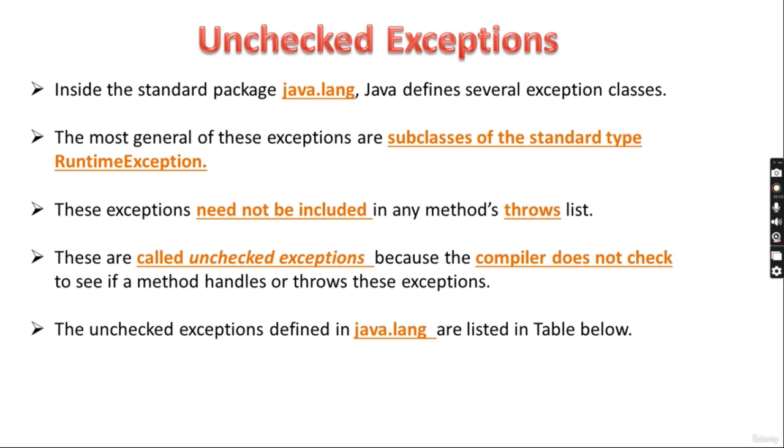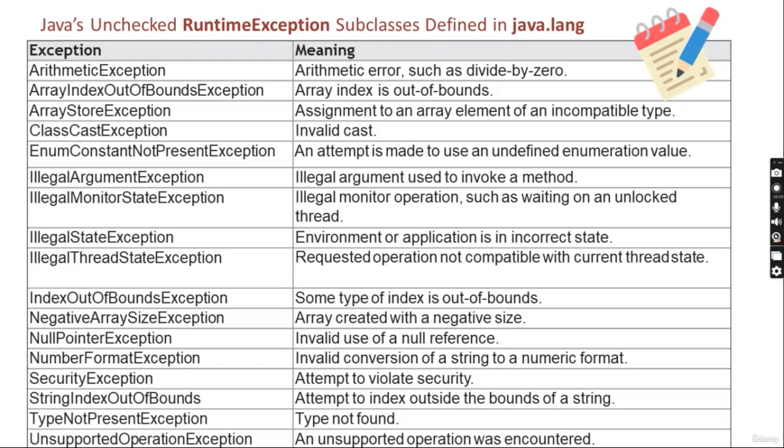The unchecked exceptions defined in java.lang are given here. ArithmeticException, divide by 0. ArrayIndexOutOfBoundsException, array index out of bound. ArrayStoreException, assignment to an array element of an incompatible type, like storing a boolean into an integer array. ClassCastException, invalid casting.